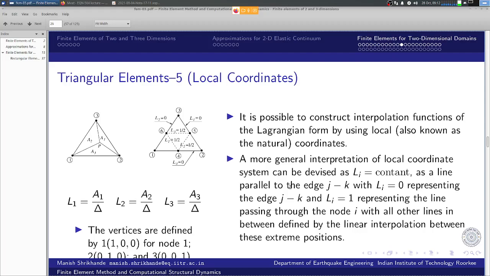We discussed the concept of local coordinates, and we also demonstrated how with the use of local coordinates we can develop the interpolation functions for the nodes corresponding to this triangular geometry very easily by using Lagrange's interpolation formula, and that makes it very easy to construct interpolation without going through first principles and developing the interpolation functions by using the inverse that requires the inversion of the coordinate matrix.